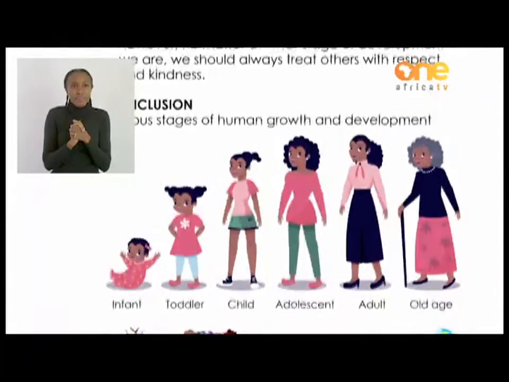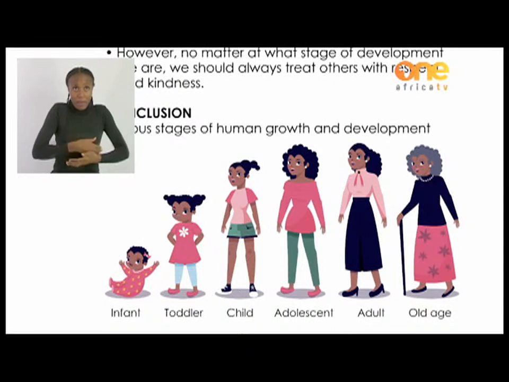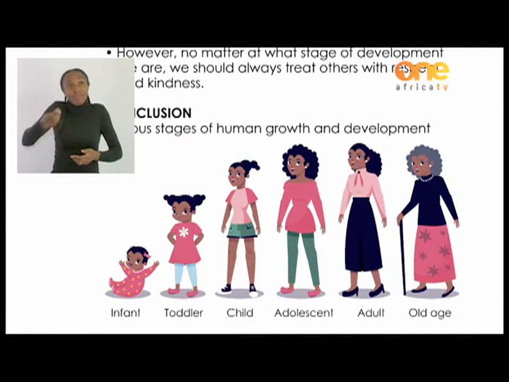We are concluding. We are saying that the various stages of human growth and development are the infant, the toddler, the child, adolescence, which is a teenager, adults, and our grandparents, which is old age, above the age of 60.